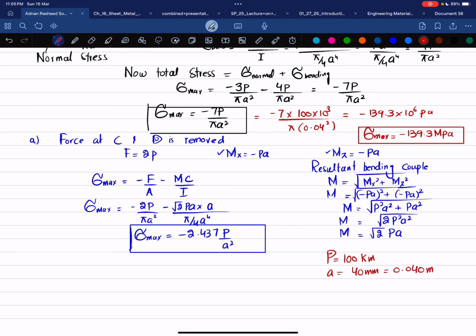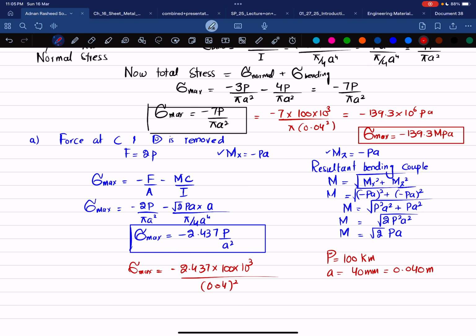And in the second part, if you put in the value, so minus 2.437 multiplied by 100 into 10 raised to power 3 divided by 0.04 square.